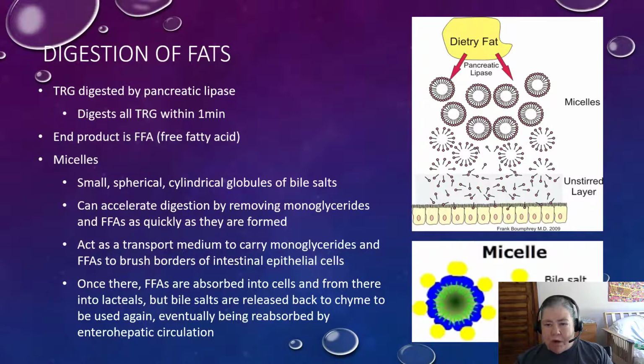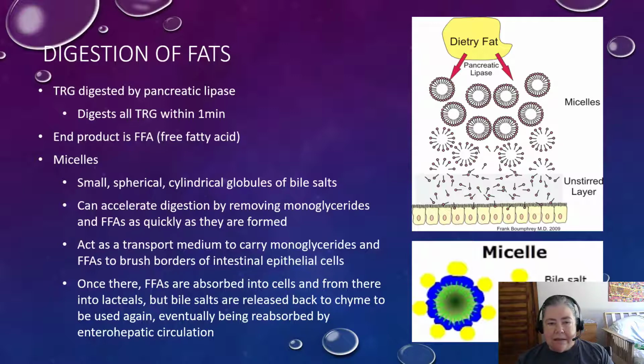At that brush border, the free fatty acids are absorbed into the cells and then transported through the cell into the lacteals, which are those lymphatic vessels on the inside of the villi that transport them into the lymph vessels and eventually through the thoracic duct into the systemic circulation.